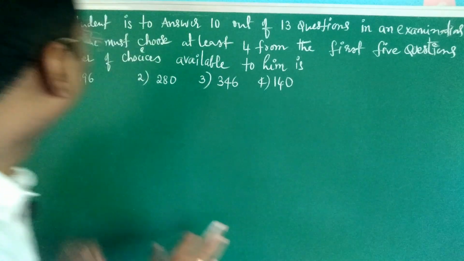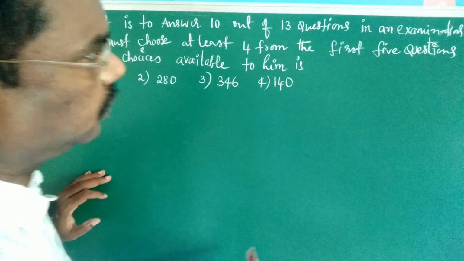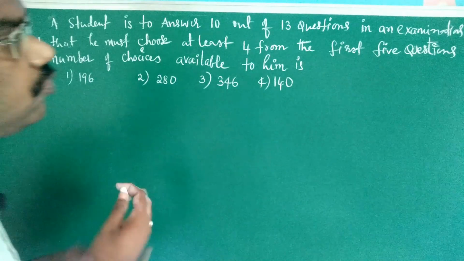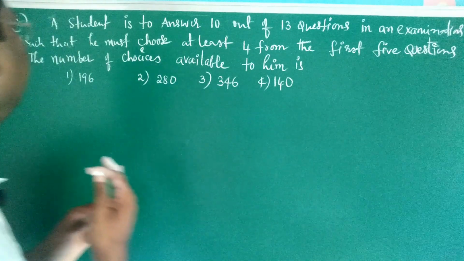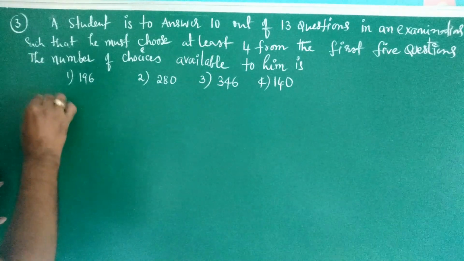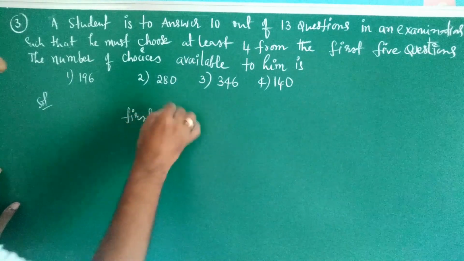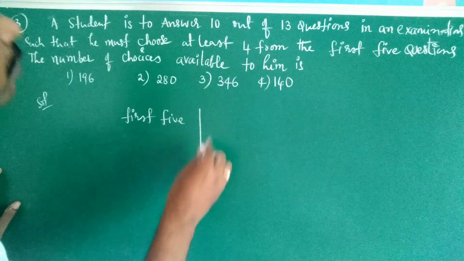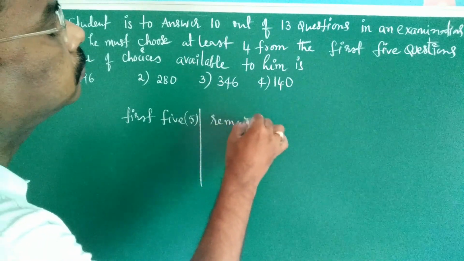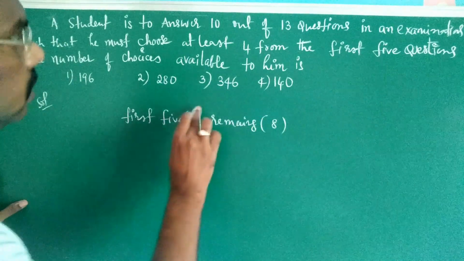Next one: a student is to answer 10 out of 13 questions in an examination, such that he must choose at least 4 from the first 5 questions. The number of choices available to him. Here, the first 5 questions, and the remaining, since there are 13 questions in total, are 8 questions.